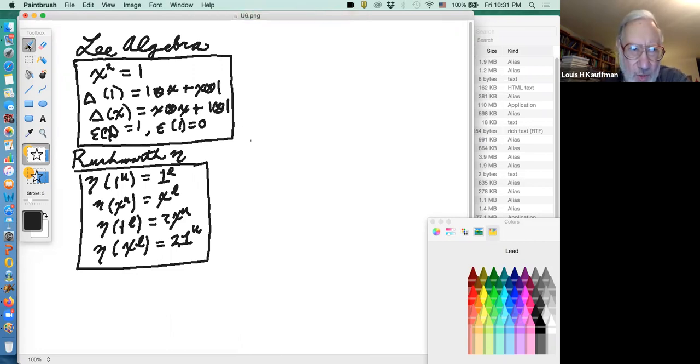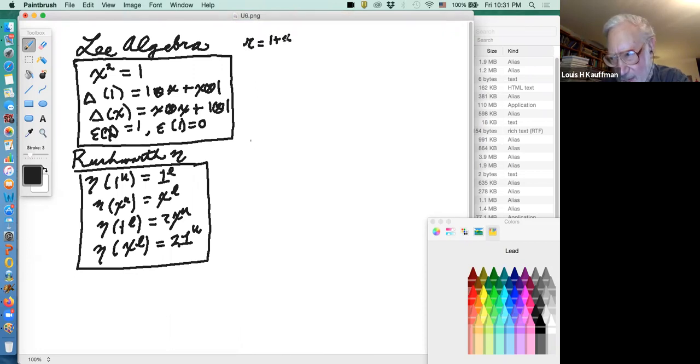Okay, so what was the story about the red and the green? The story was red is going to be 1 plus x divided by 2, and green is going to be equal to 1 minus x divided by 2.